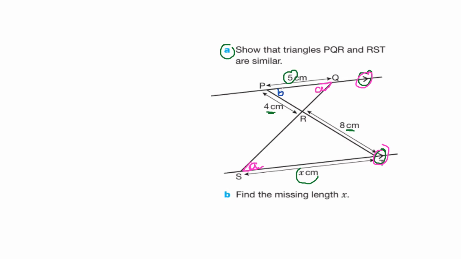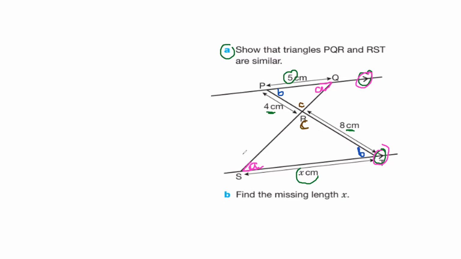Let's name it B, or any letter. That will be equal to angle RTS, which is this. I'm just naming it the same letter because I will need this now. The third angle, of course, will be equal. Let's name it C because they are vertically opposite angles, like the X.